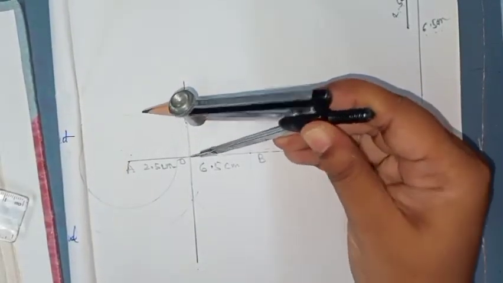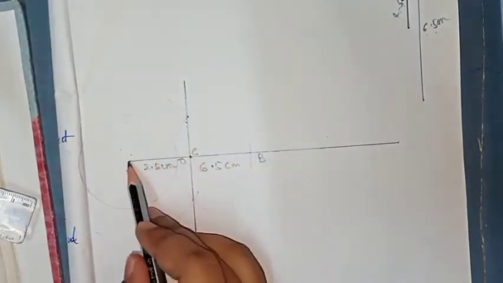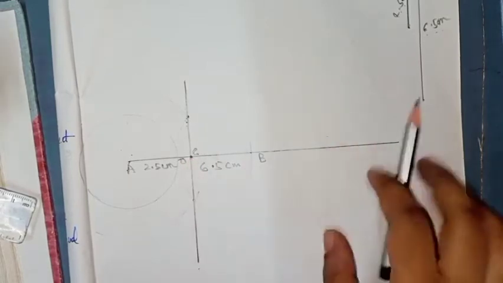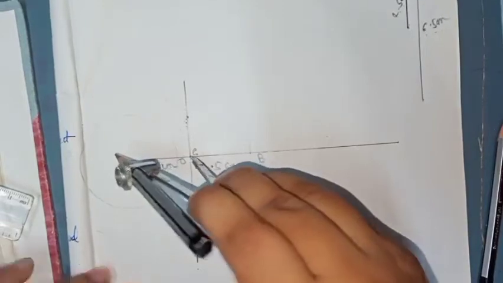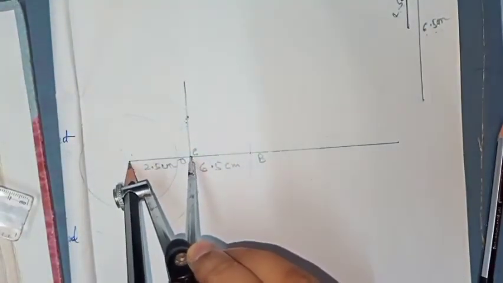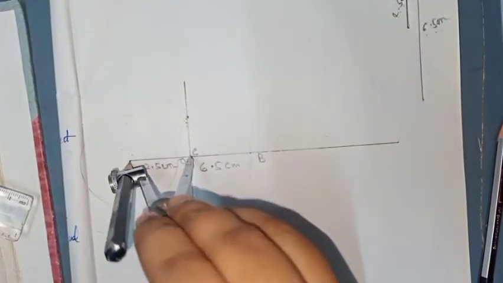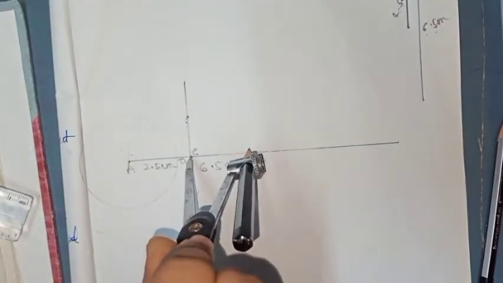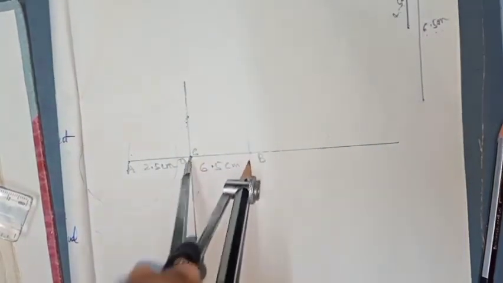Understood up to here? Now give point name C to the point where this perpendicular bisector bisects the line AB, and keep your compass at this point C. Take the measurement of either CA or CB, any measurement you can take, and make a half circle.